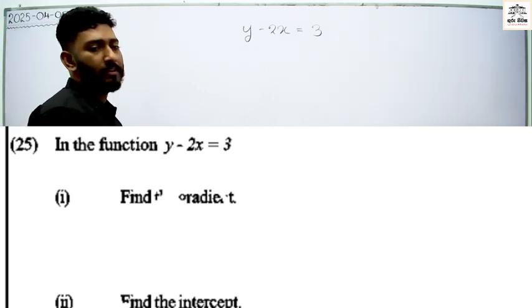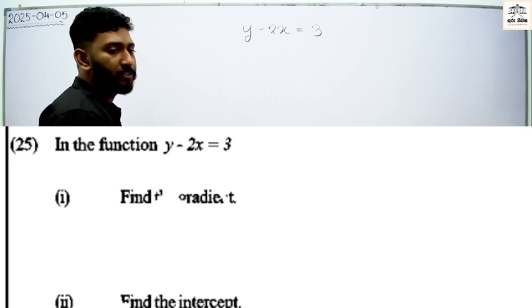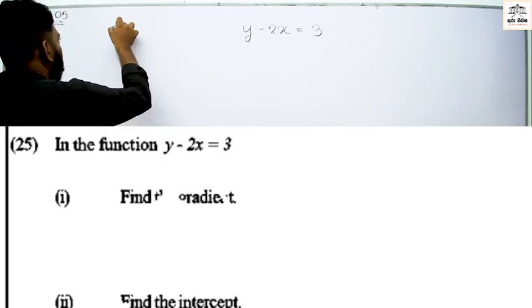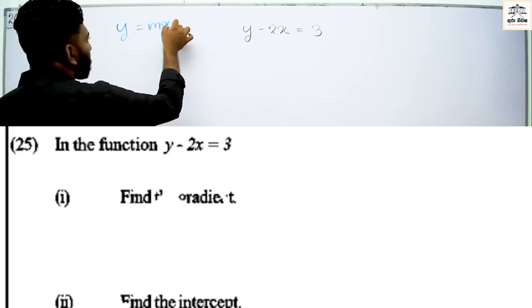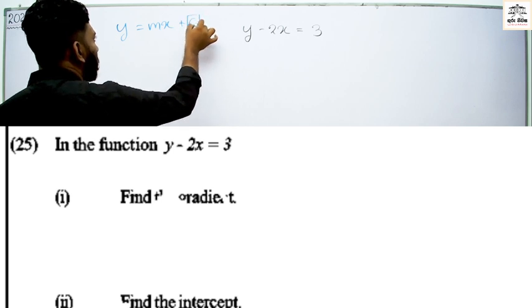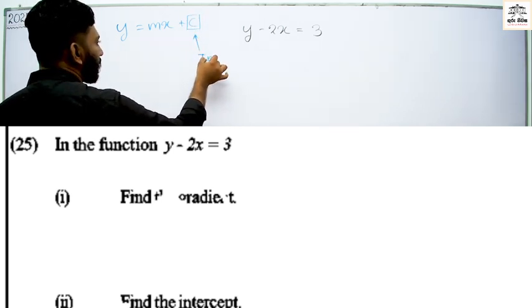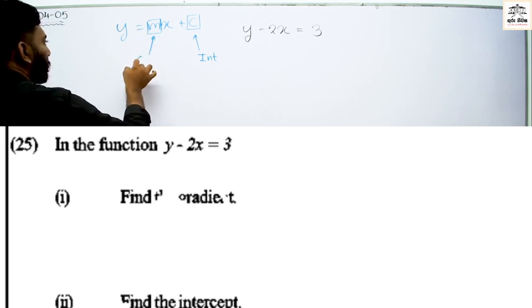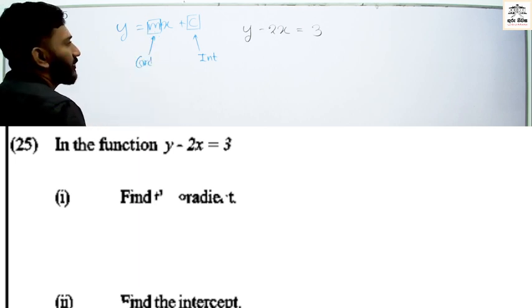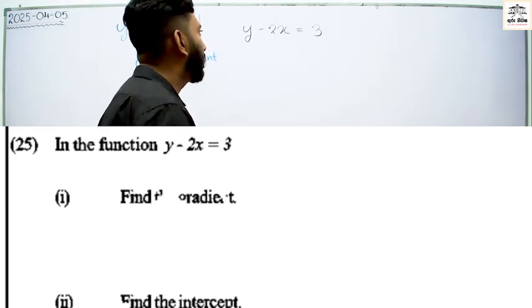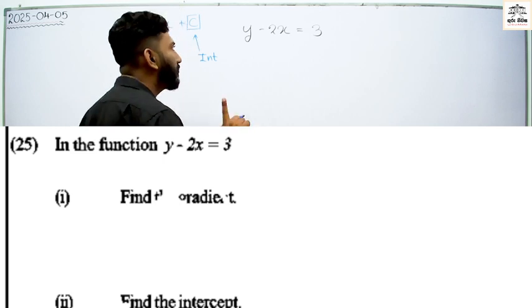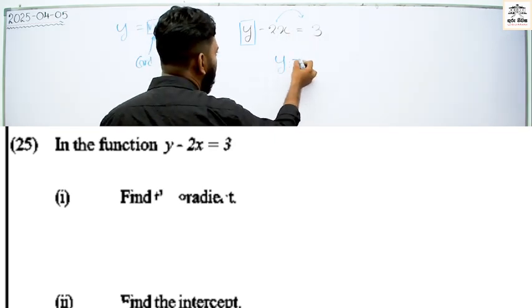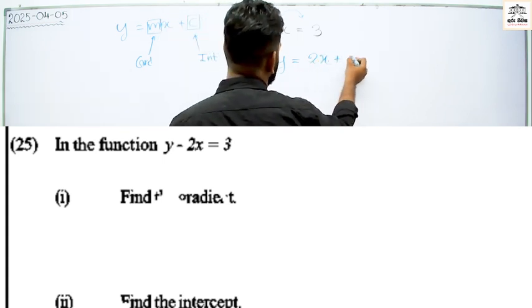In the function y minus 2x equals 3, find the gradient. And you know, we have y equals mx plus c, and c we call the intercept, and m we call the gradient. Firstly, we have to write it as y equals mx plus c, making y the main subject. Now minus 2x goes to the other side, so y equals plus 2x plus 3.